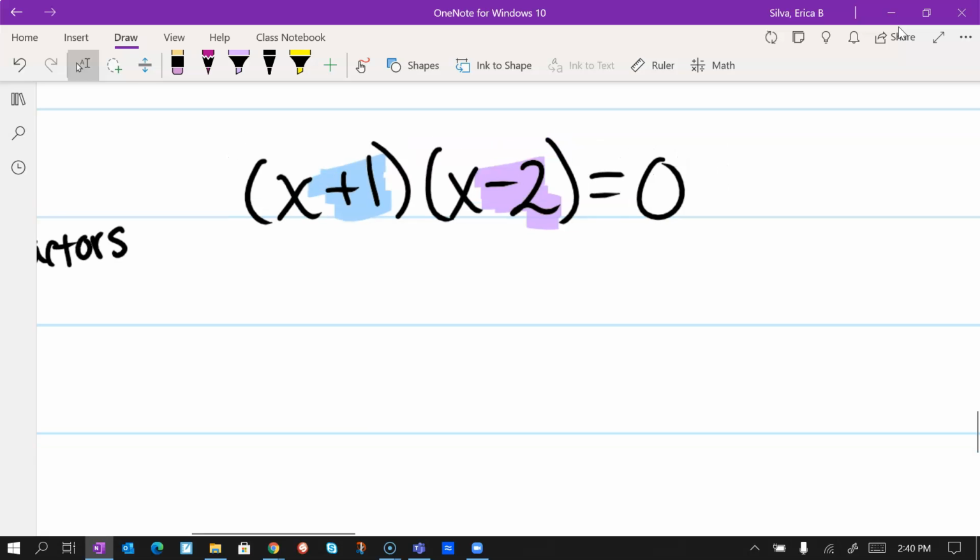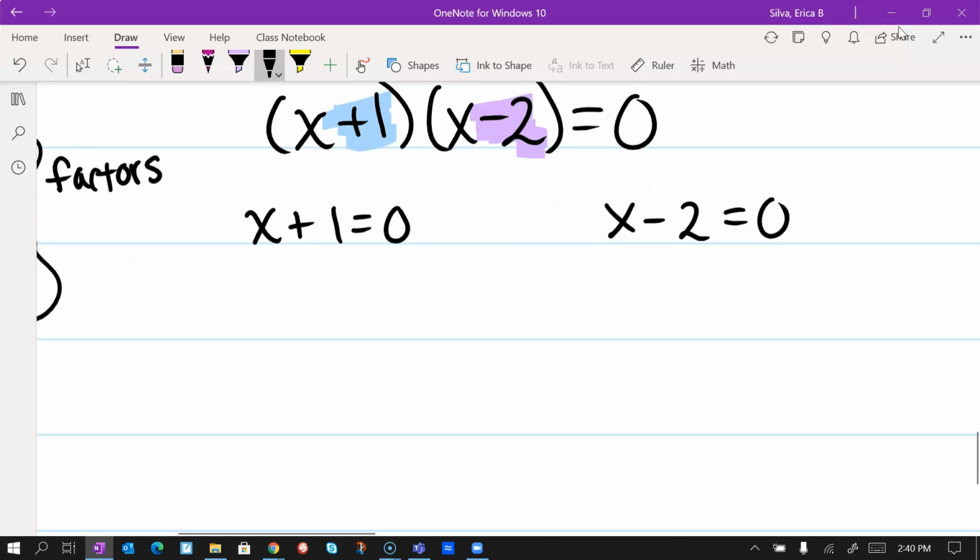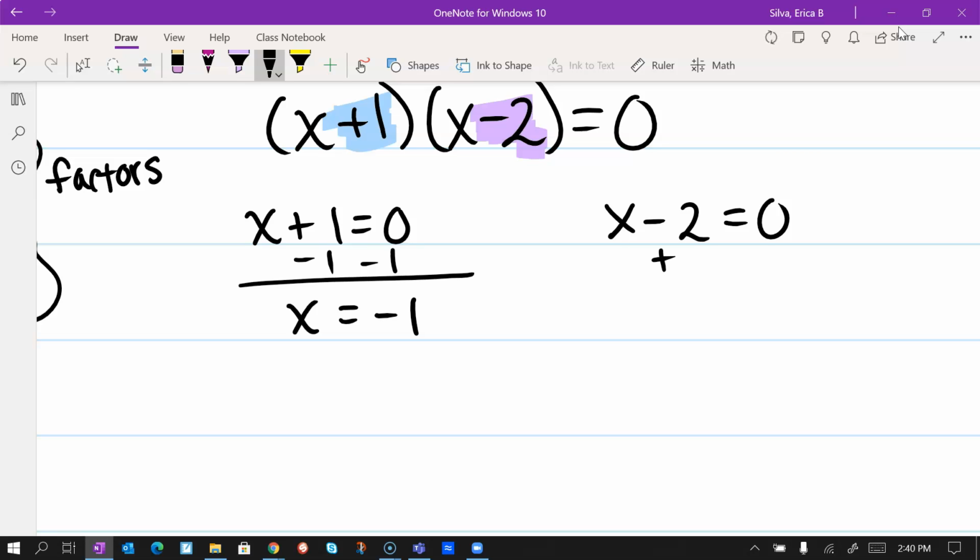Now here, all we're going to do is solve. So we've got x plus 1 equals 0, x minus 2 equals 0. So my first x is -1 because we subtract 1 from both sides. Over here, we add 2 to both sides, and we get x is equal to 2. Woo, we're done with step 1.